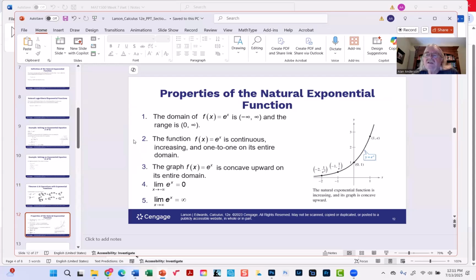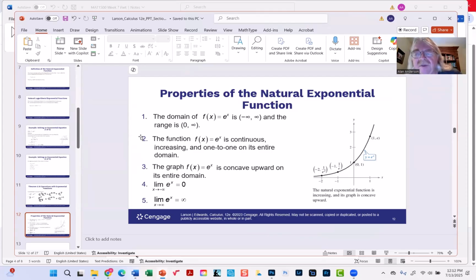Now the domain, look at this graph of e to the x. It's a very interesting graph because you can see it actually has an asymptote. The horizontal axis is an asymptote, and so the function never quite reaches the horizontal axis. But the domain is the entire real number line. There's no value of x that could cause division by 0 or cause this to be an imaginary result.